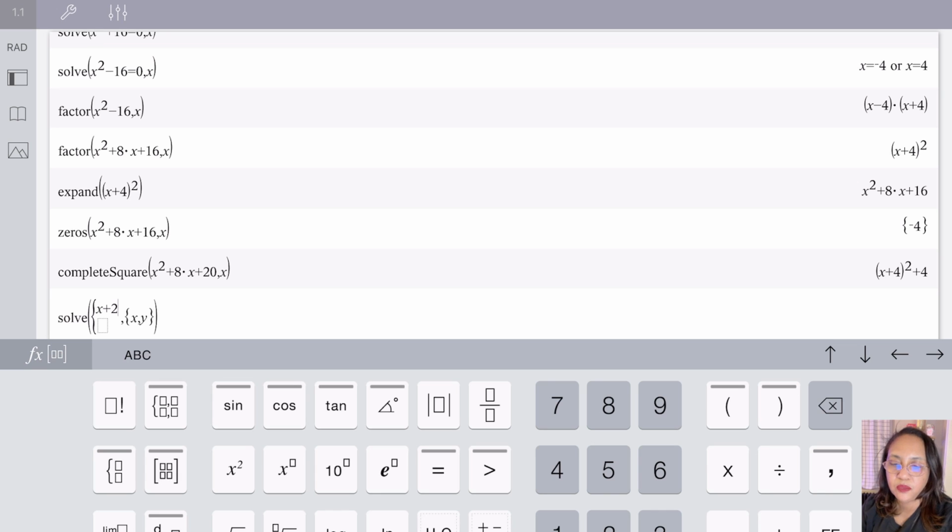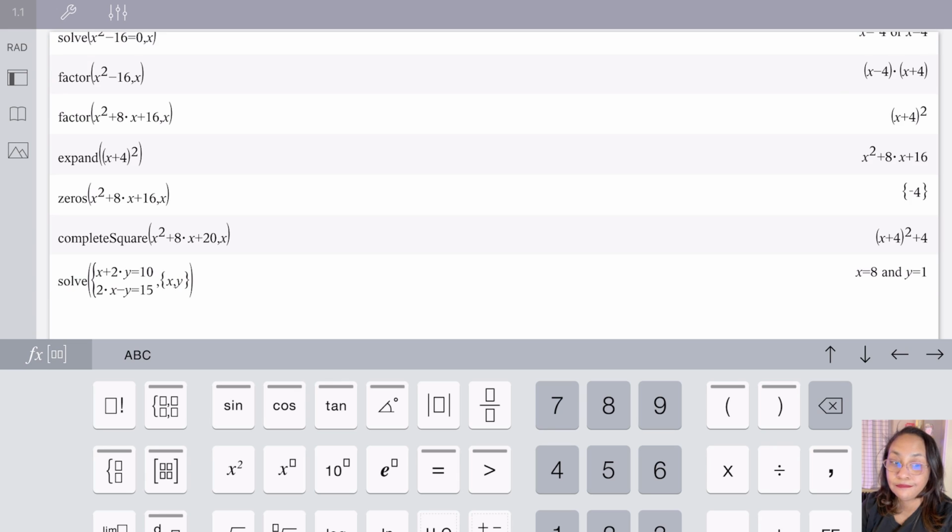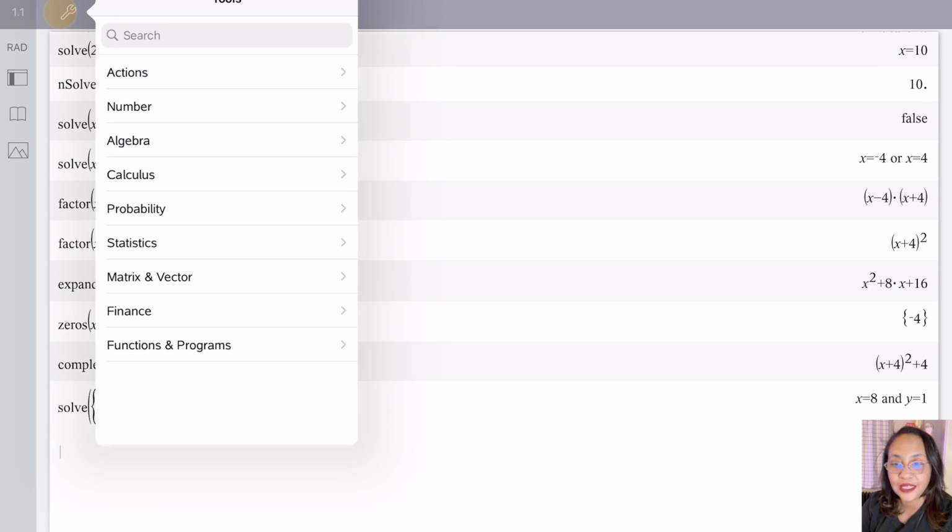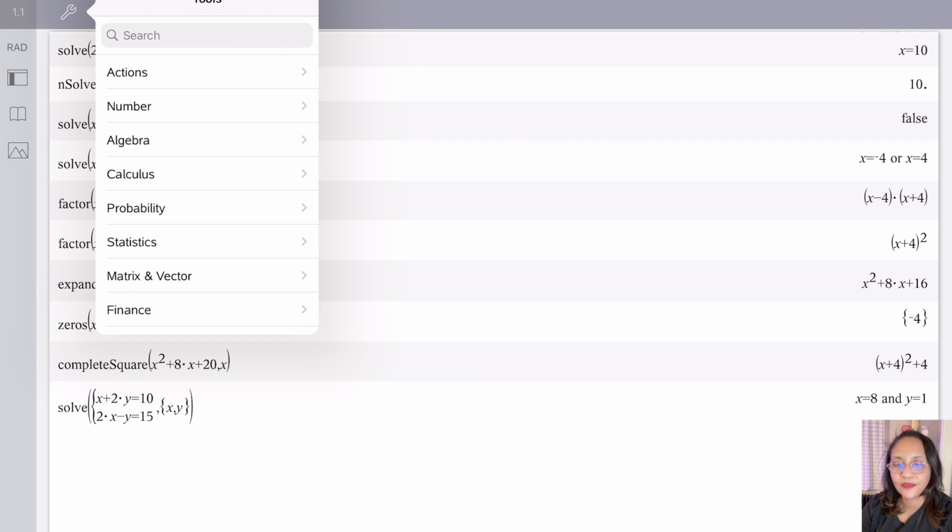So x plus 2y equals 10, and then 2x minus y equals 15. And this is really cool. It gives you the place where both lines intersect, which is your solution.